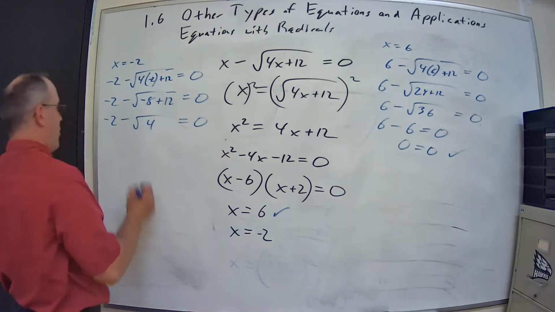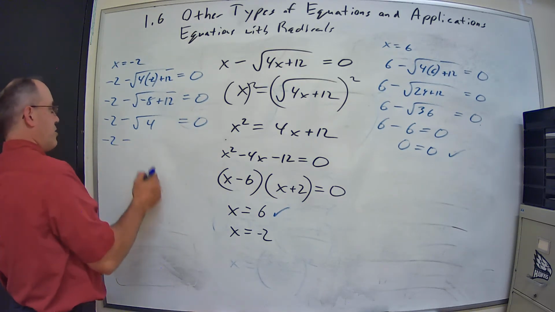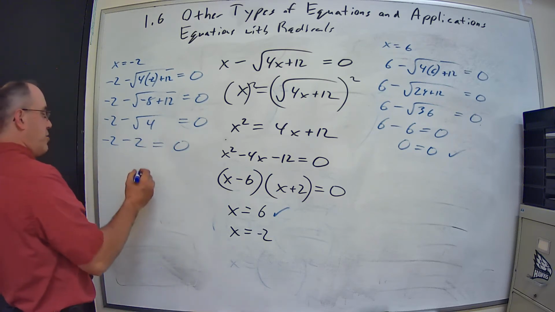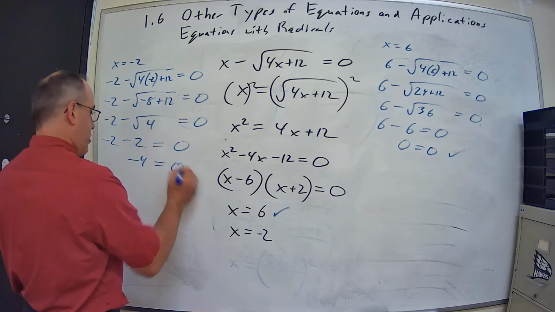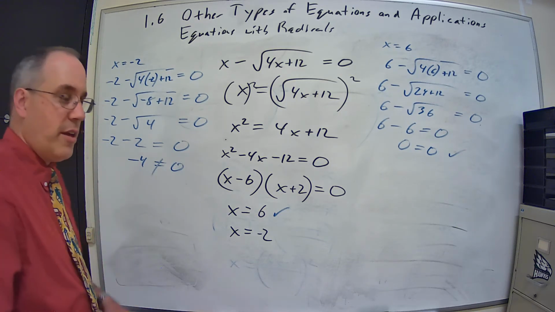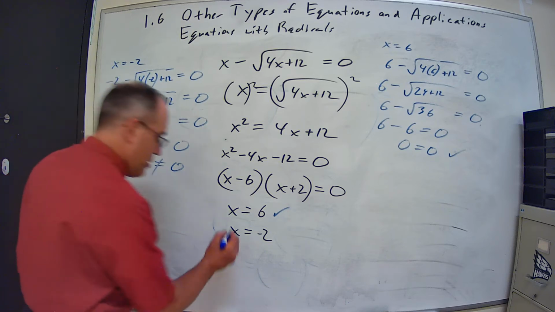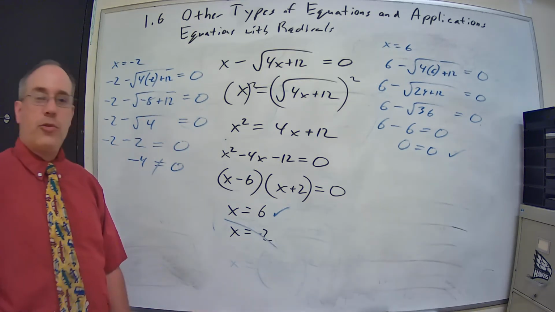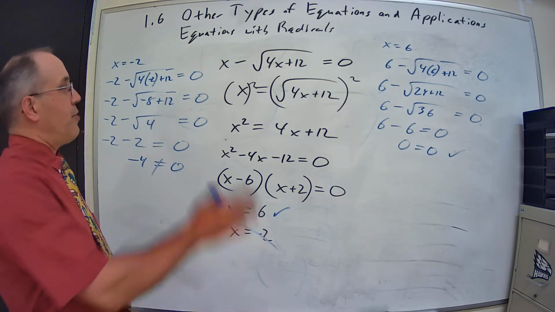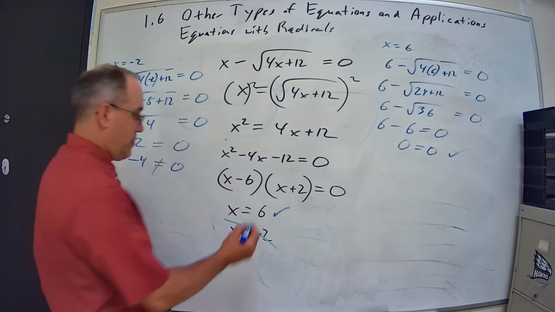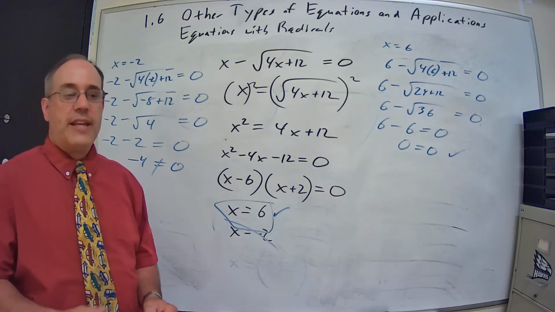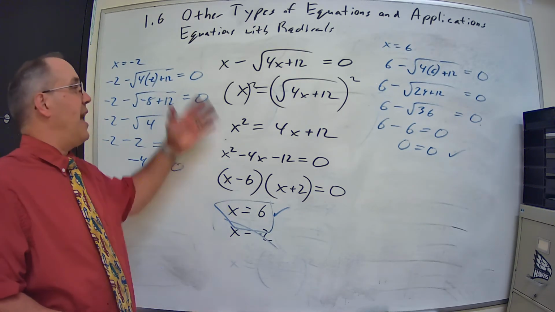So negative 2 minus the square root of 4, which is 2, equal to 0. We get negative 2 minus 2 is negative 4 equal to 0. Not in any math that I'm familiar with. So we find that x equal to negative 2 is not a solution for this radical equation. But x equal to 6 is. So that is perfectly valid and we can use that.